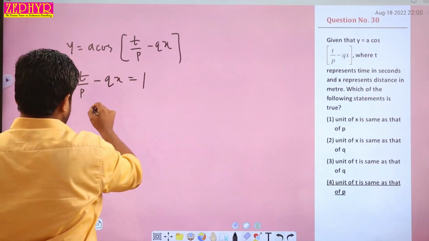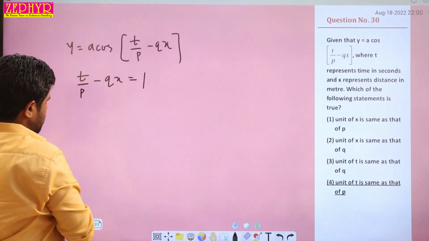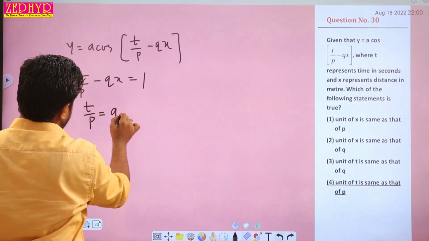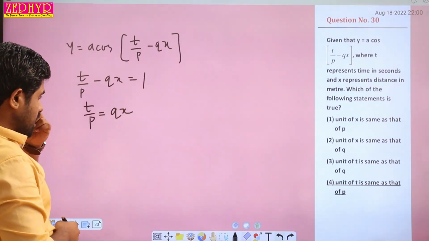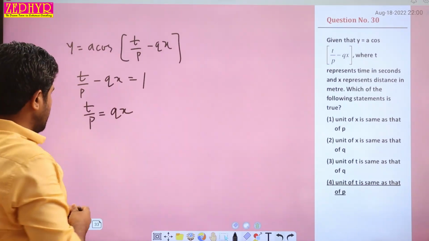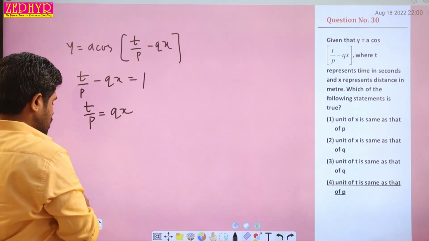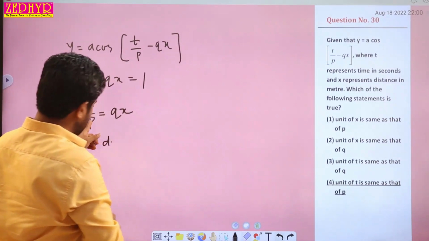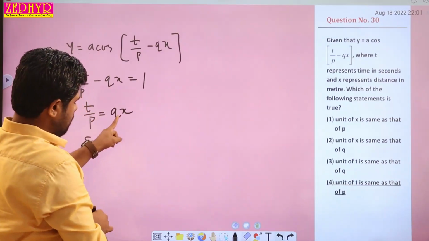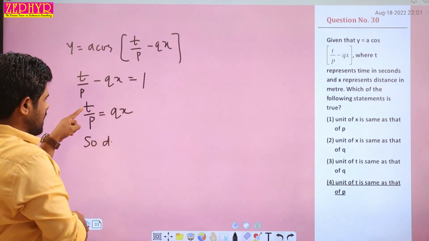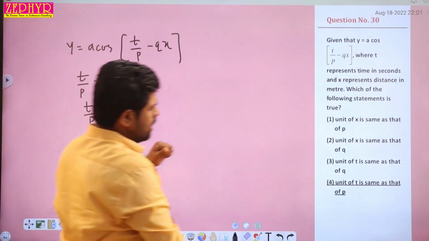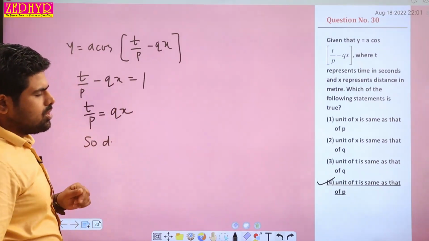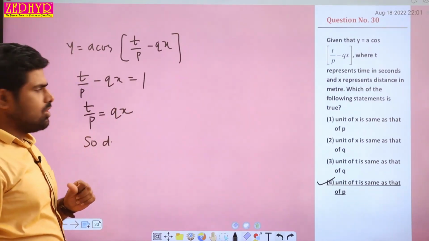Then t by p is dimensionally equivalent to qx. So the dimension of t is same as that of p. Is there any such option? Yes, the unit of t is same as that of p.